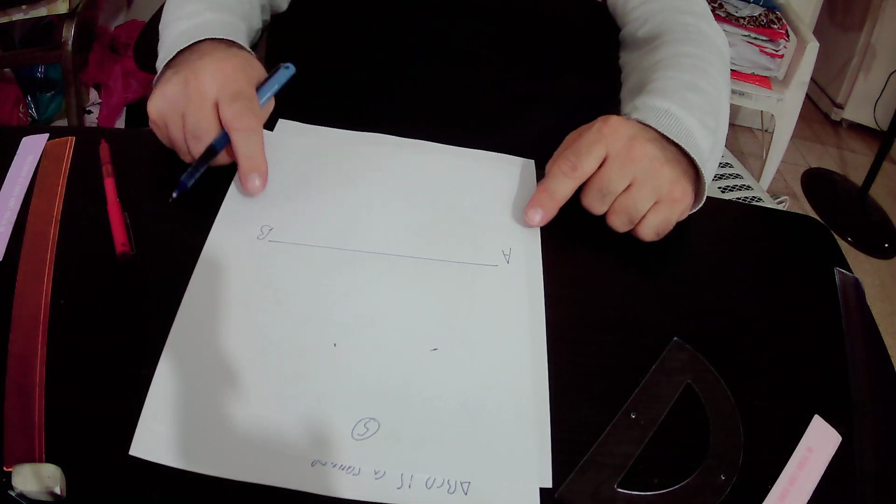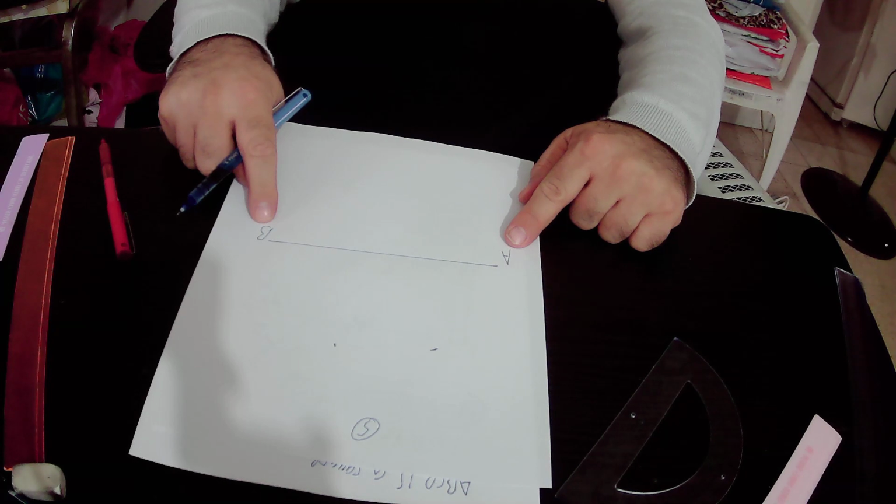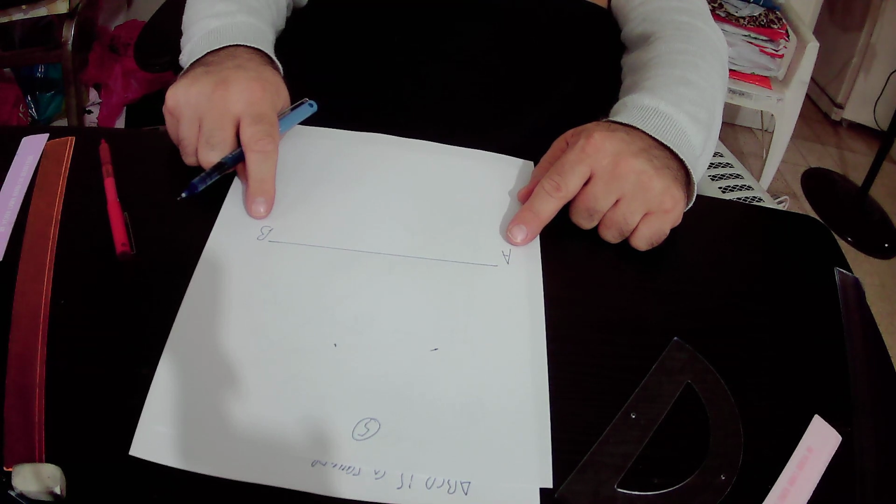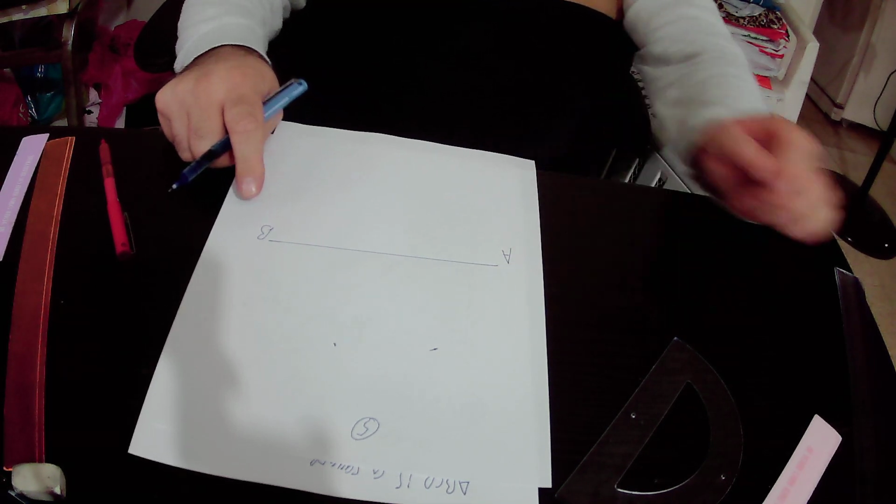I will repeat again. This is line segment AB, and line segment AB subtends two equal angles.